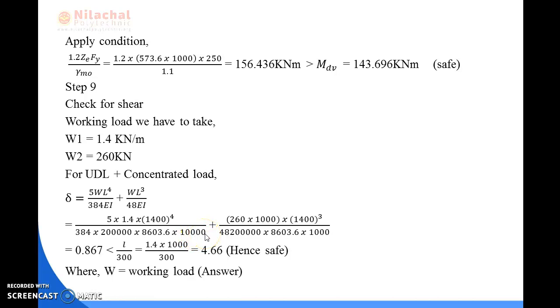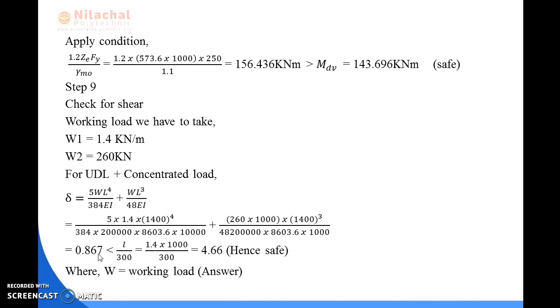Now for the point load, that is 260 into 1000 into 1400 to the power 3, divided by 48 into 8603.6 into 1000. By putting all these values, we got the value of deflection as 0.867.